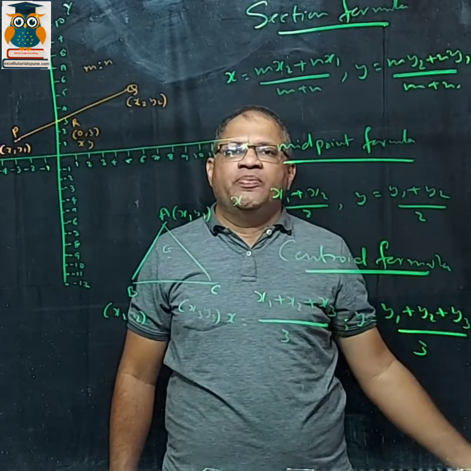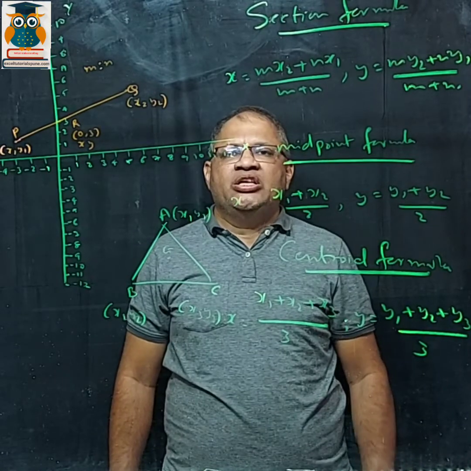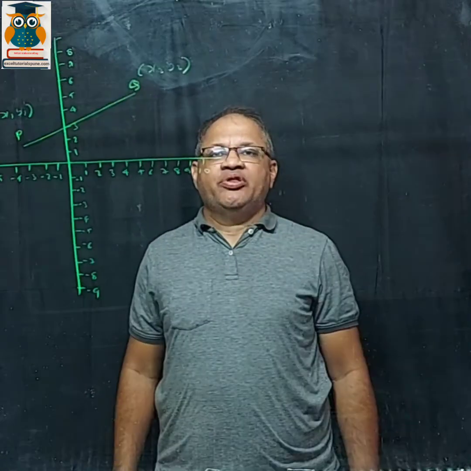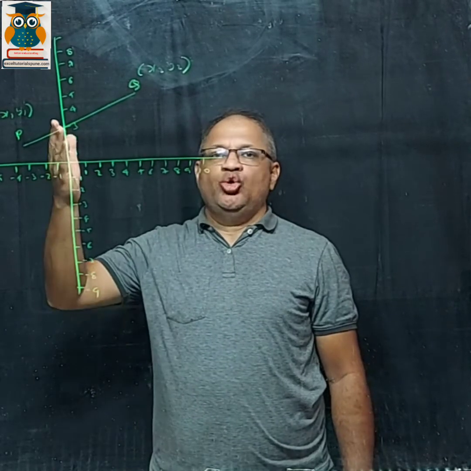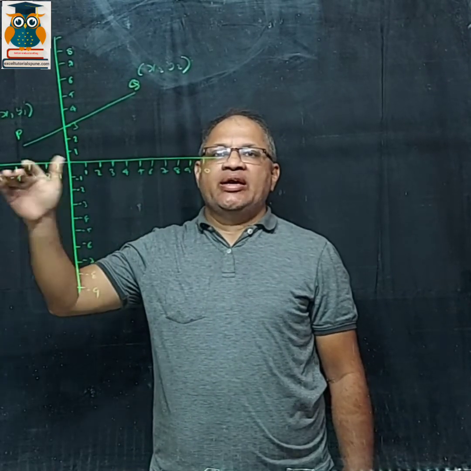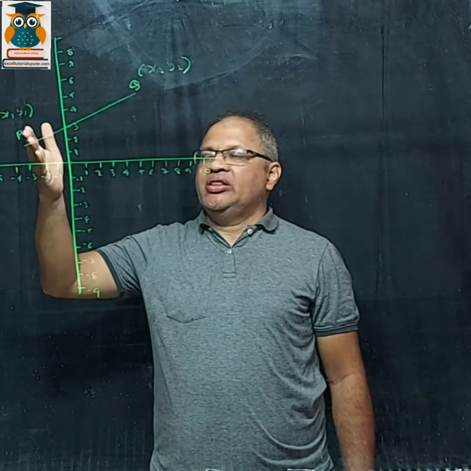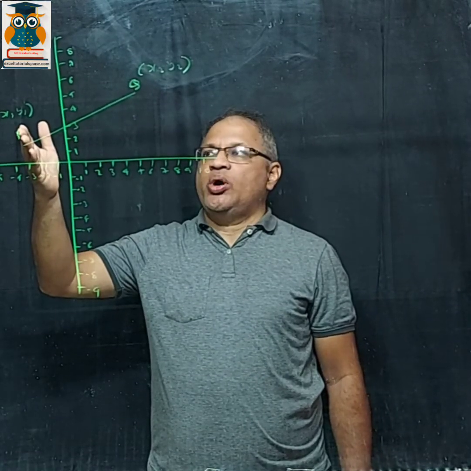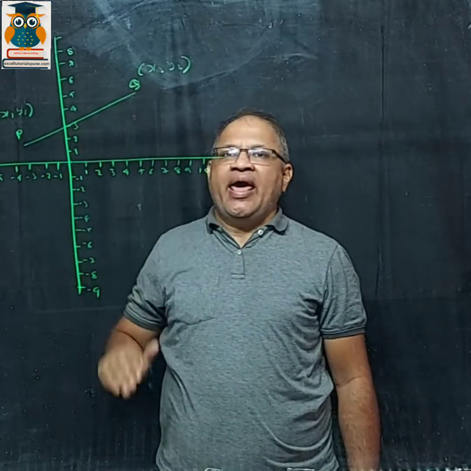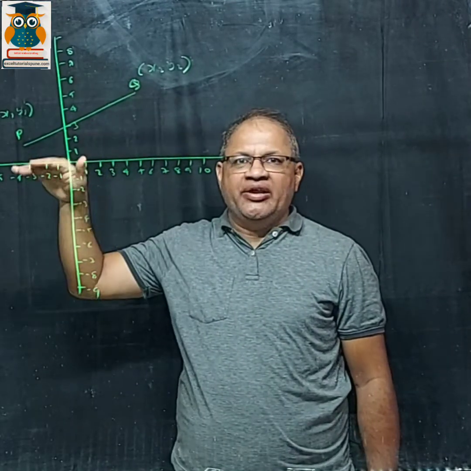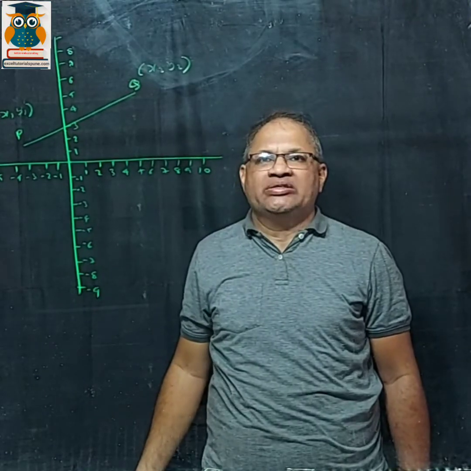Now the next topic is the formulas for the equation of a line. We start with the formulas of the equation of a line. Supposing you have this coordinate axis, x-axis and y-axis, and there are any coordinates P (x1, y1) and Q (x2, y2), and the line is at an angle, it's sloping, not parallel to the x-axis or y-axis.